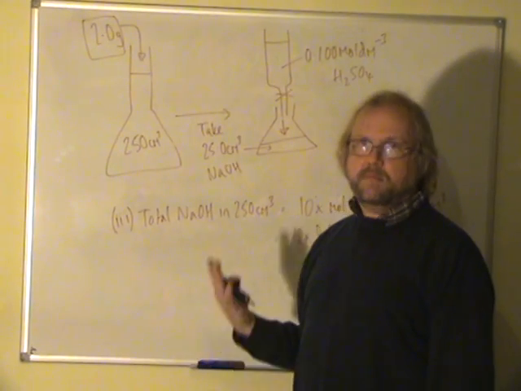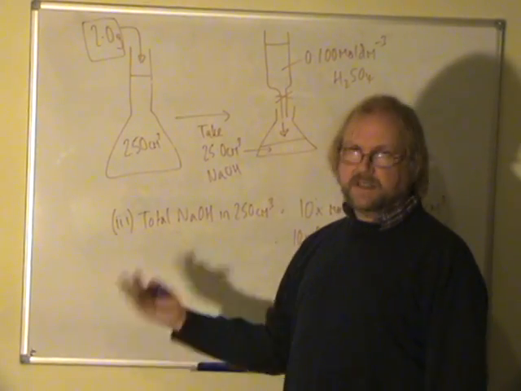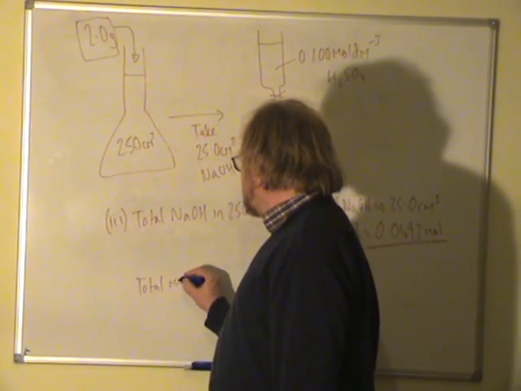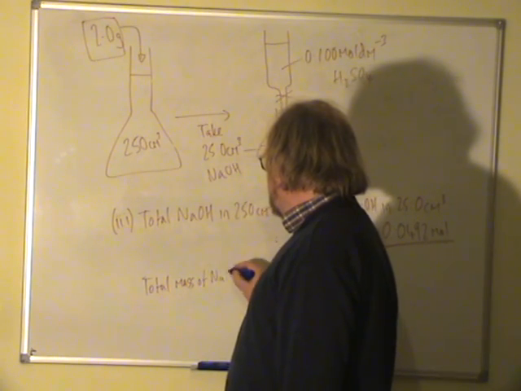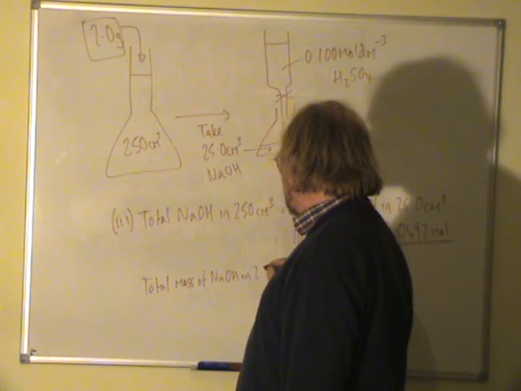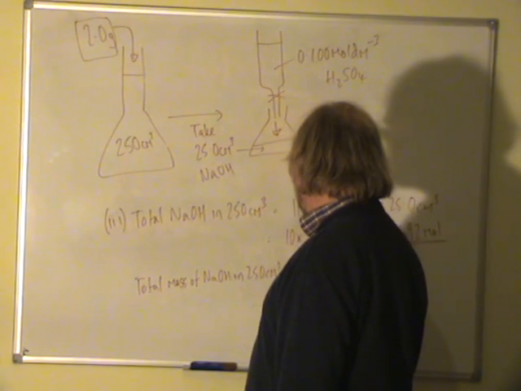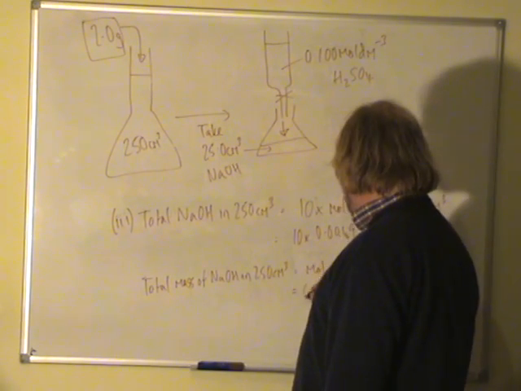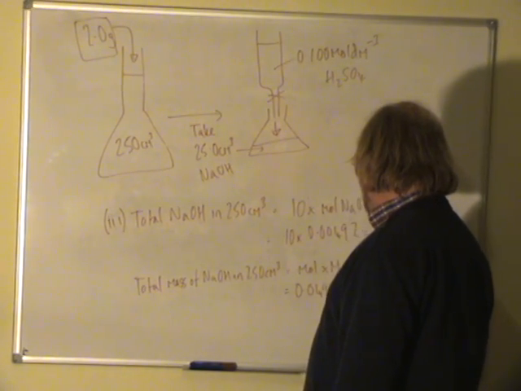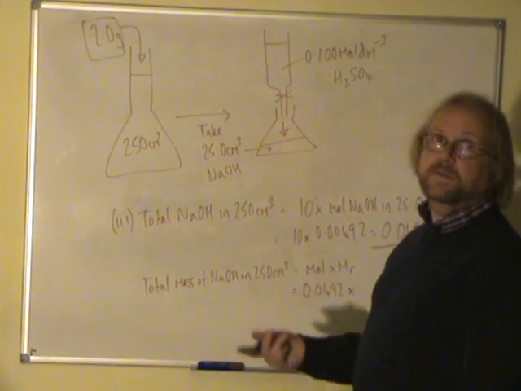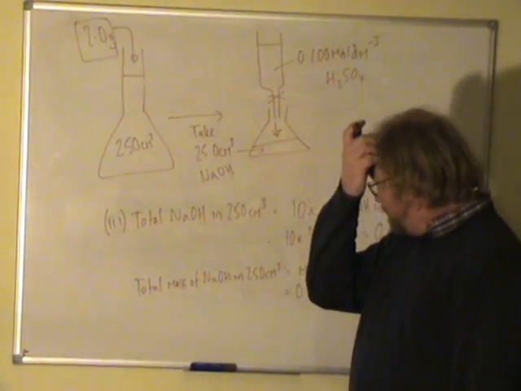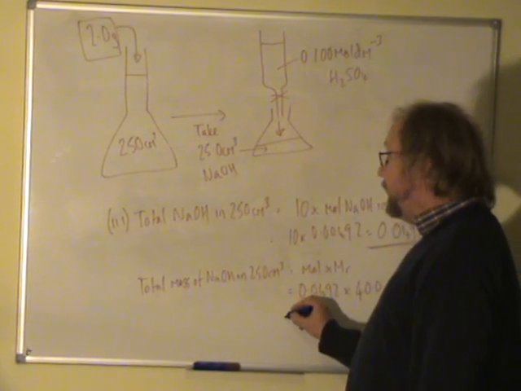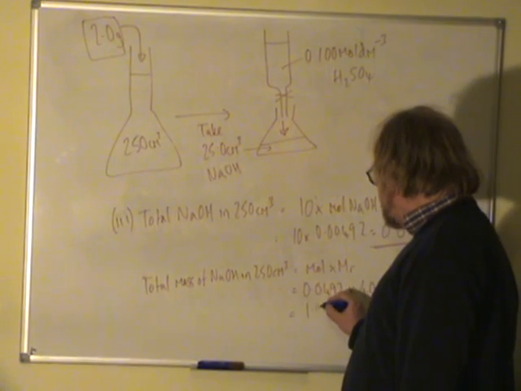We can then convert that into a mass, because we know what the MR of sodium hydroxide is, or we can figure it out. So the total mass of NaOH in 250 cm cubed is moles times MR, which is equal to 0.0492 times, well, the MR: 23.0 for sodium, 16.0 for oxygen and 1.0 for hydrogen adds up to 40.0, and that comes to 1.968 grams.